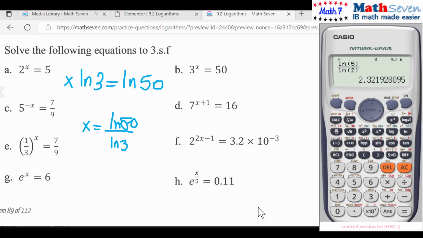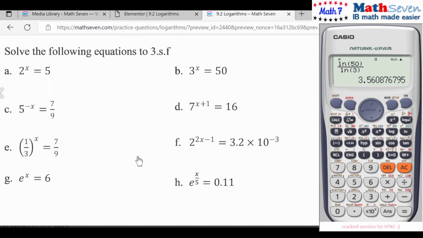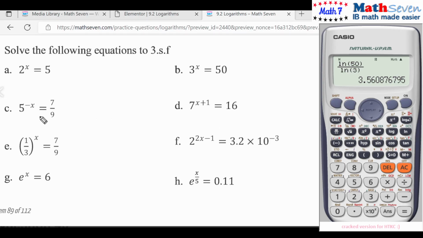Grab your calculator, AC, put ln 50 over ln 3. 3.56. Check the mark scheme. 3.56, done deal. Part C, same thing: give ln to both sides. You give this ln and this ln, so it becomes minus x ln 5, because the minus drops down as well, equals ln 7 over 9.